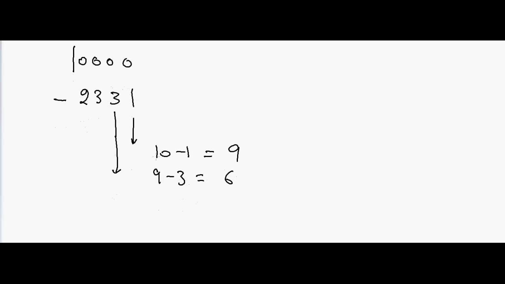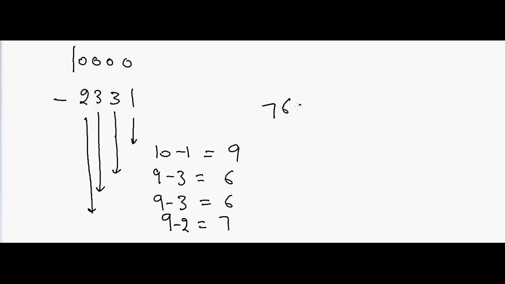Then I'll take the next 3. So 9 minus 3 is equal to 6, and then I'll take the 1. So 9 minus 1 is equal to 8. So the answer will be 7669. We can do the same thing for much larger numbers, but here is the approach.